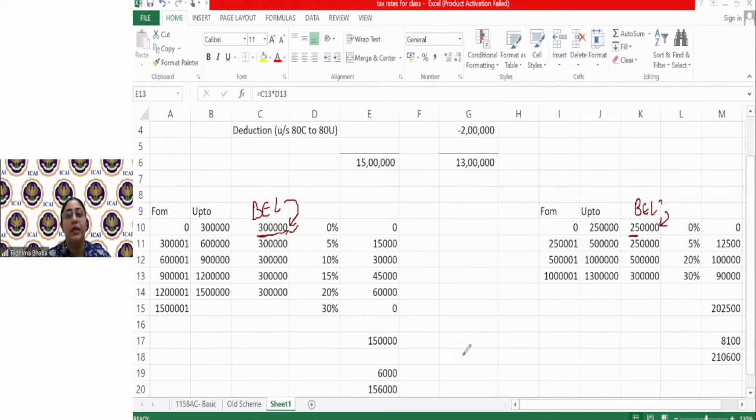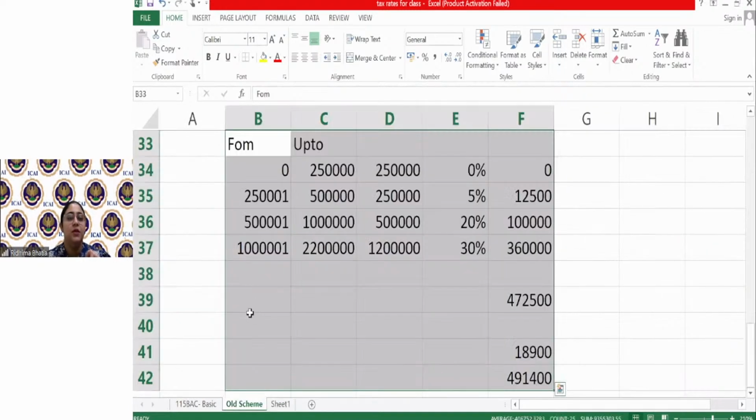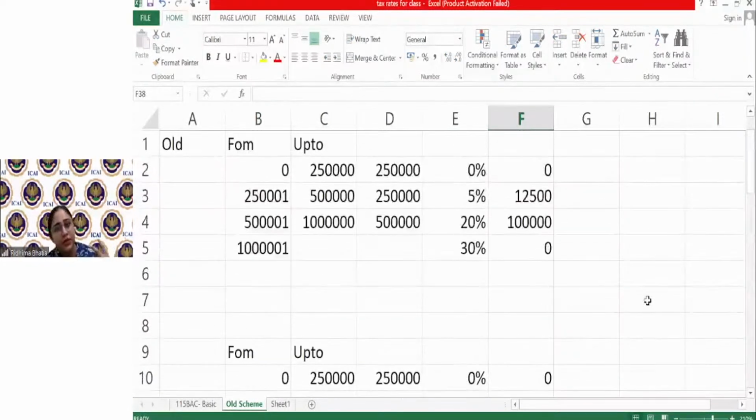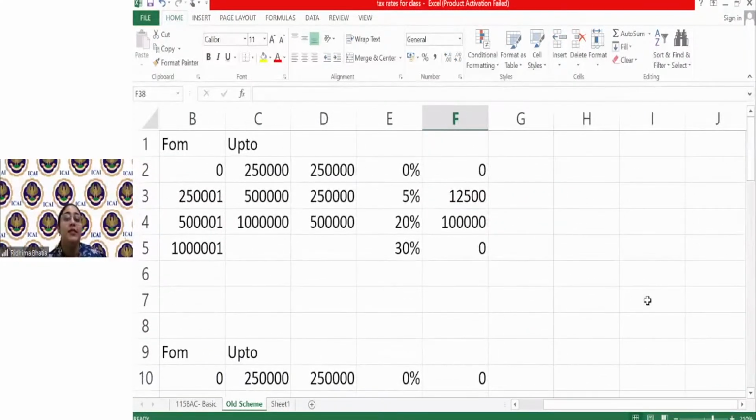Now, in the old scheme, there is another twist. What is the twist? So in the old scheme, since it's an age-old concept going on, there is a better slab for resident senior citizen.